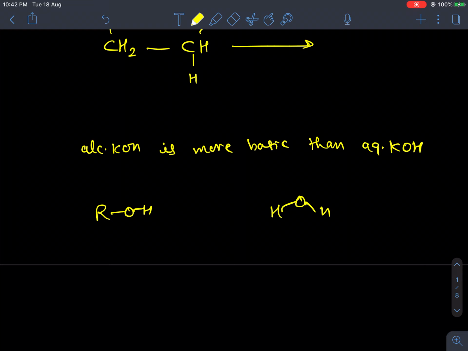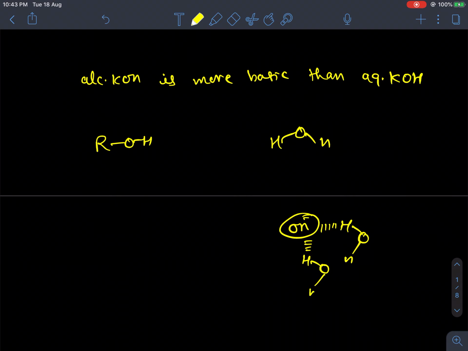Obviously the negative ion, that means the OH ion, will be more nicely surrounded by more and more molecules. If it is surrounded by more and more molecules, then the power of the negative ion will decrease, just because so many water molecules surround it.